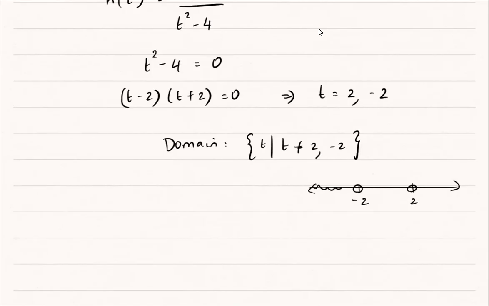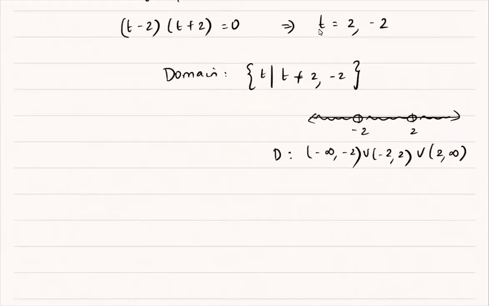So all of these values can be written in interval notation like so. This is your domain. Your domain is from negative infinity to -2, with a parenthesis because -2 itself is not allowed, then -2 to 2, and then 2 to infinity.